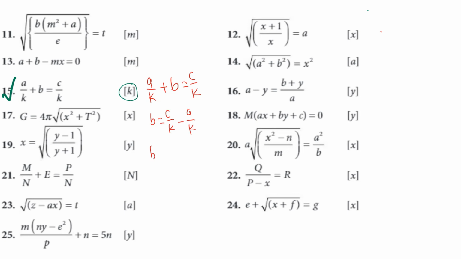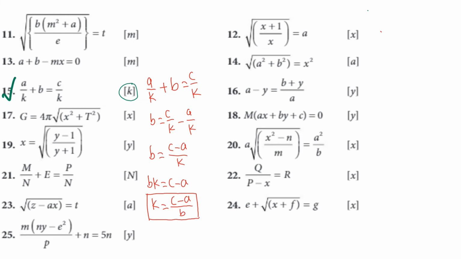So then we can write b equals c minus a by k. So if you want to make k as a subject, you can write bk equals c minus a. Then after, just by writing one more line, you can finish our answer, c minus a divided by b, and this is our expression for k in terms of other things.